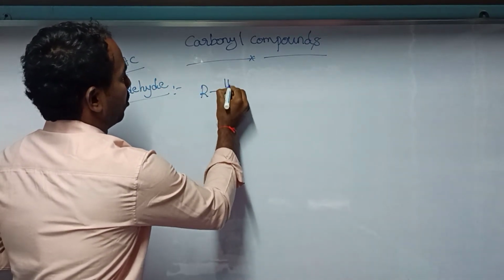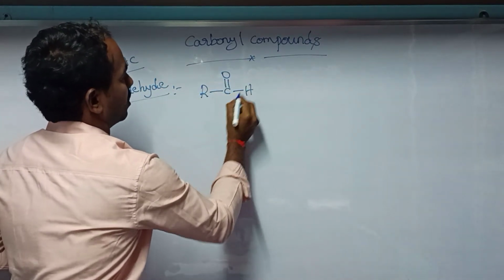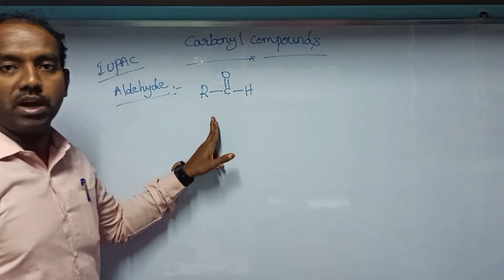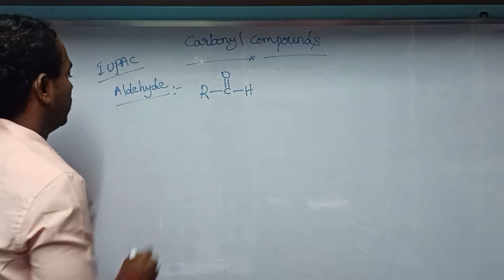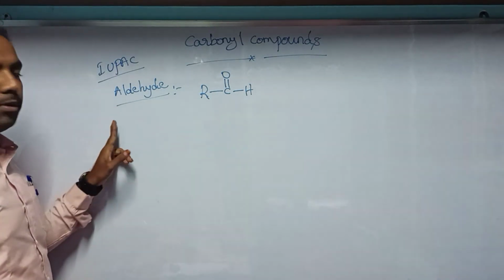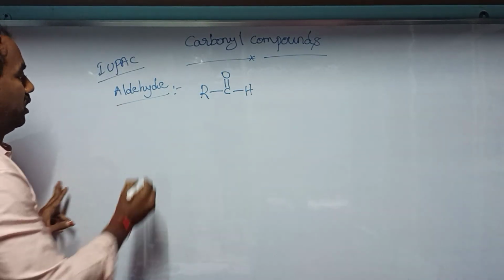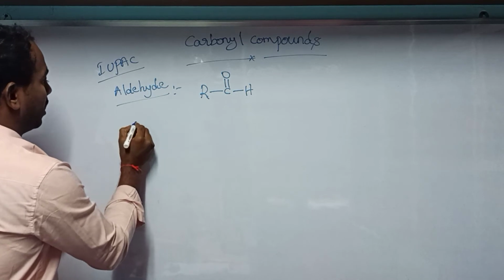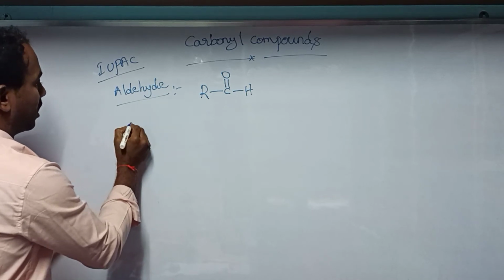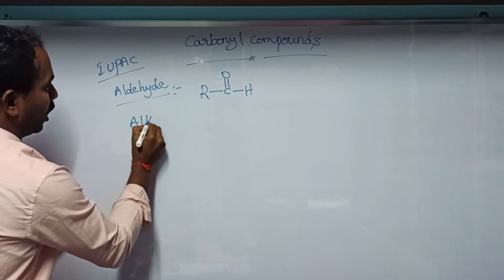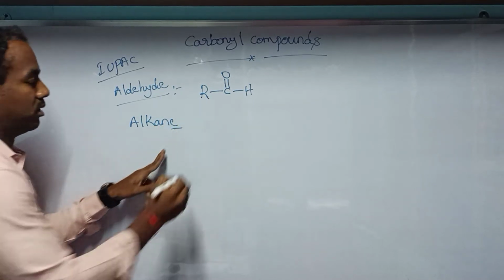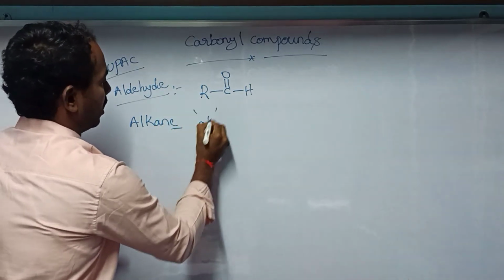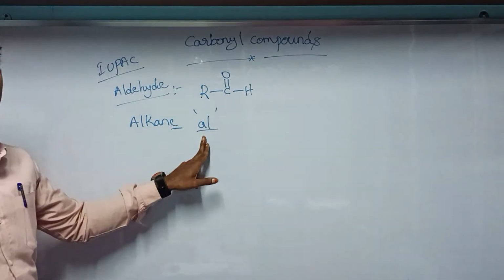R C double bond O H. See here, in order to give the IUPAC nomenclature for aldehydes, the letter E in the name of alkanes should be replaced with Al.